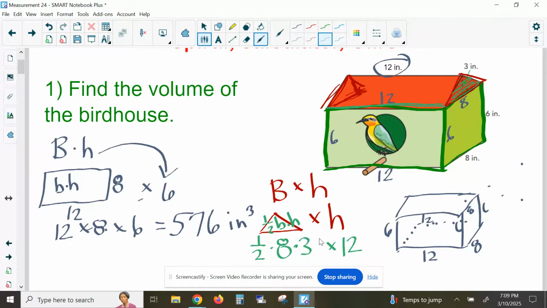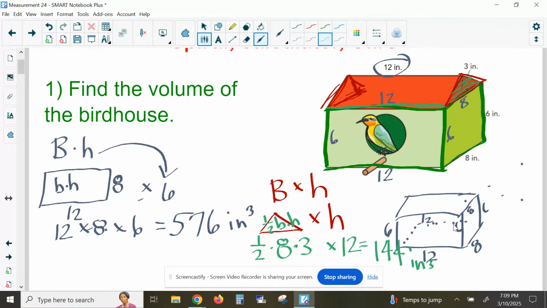So I'm going to put that in my calculator, put it in yours. 1/2 times 8 times 3 times 12. And I get 144. So 144, that is inches to the third power. And that is the volume of this red part on top.